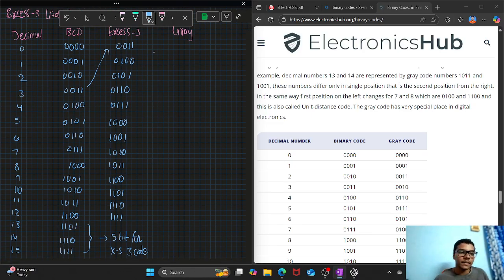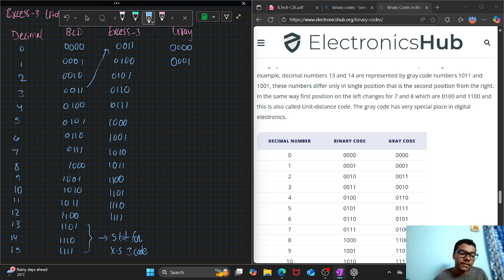Alright, this is perfect. So what you do is, you write the binary code, take the first bit as it is from the left, and add adjacent bits to get the next bit. 0 plus 0 is 0, so it will be all zeros. For 1 you do the same: write 0 and add the 2 bits to get the next.